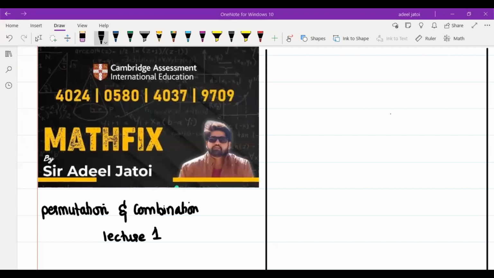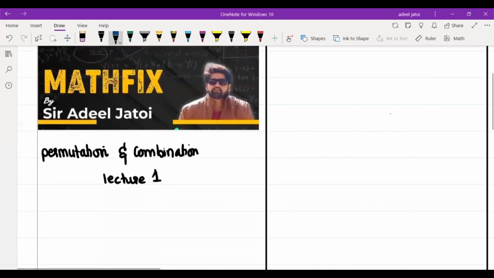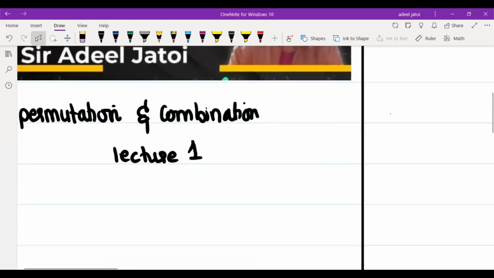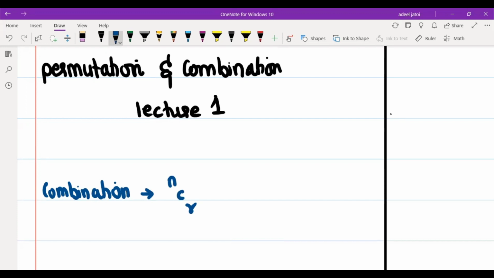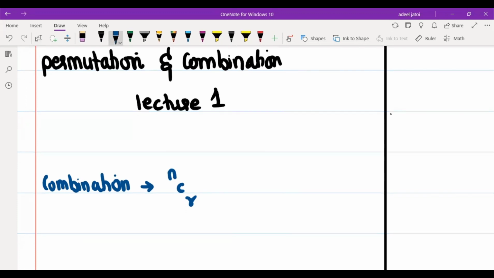Permutation and combination, lecture number 1. When we talk about combination, this is used for nCr, which works through selection.